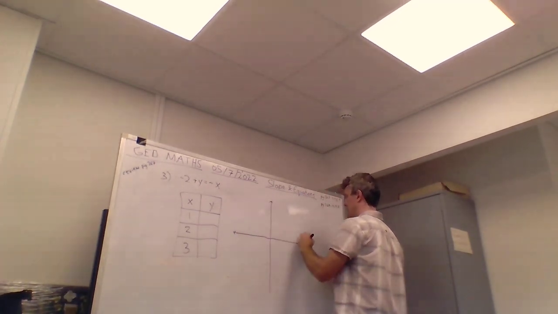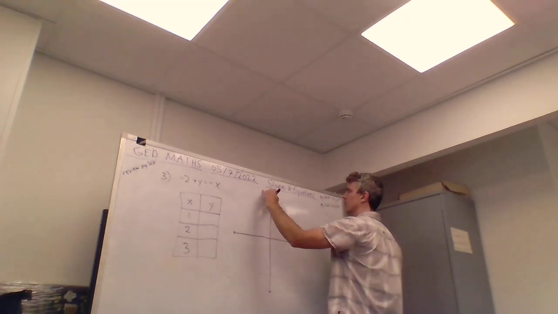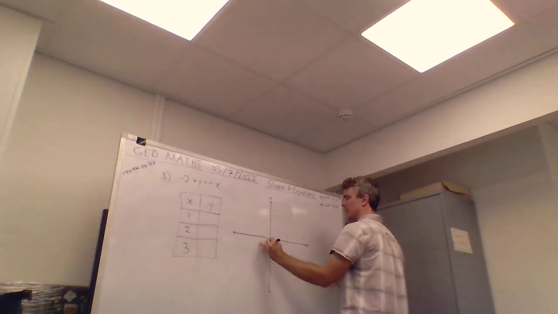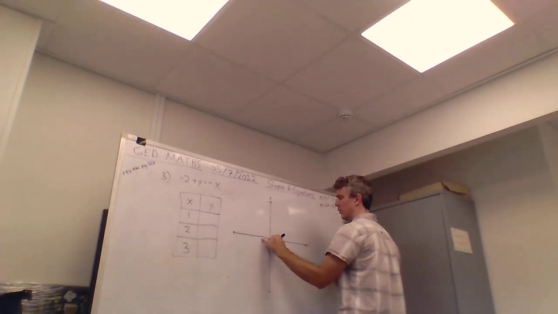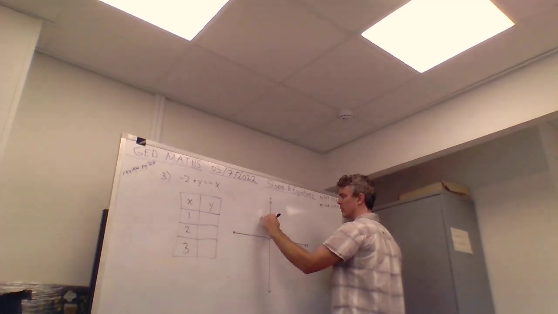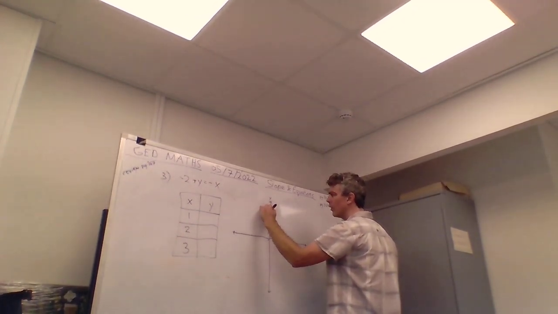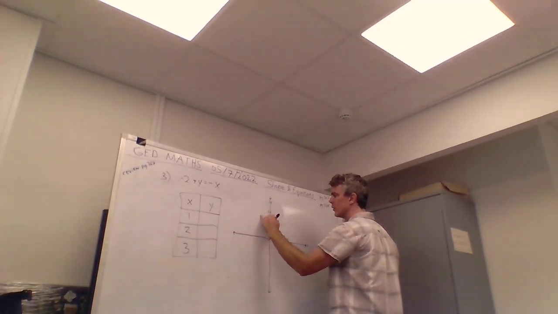Okay, so that's y and x. Here's y, here's x. 0, 1, 2, 3, 4, 5. 1, 2. And maybe the markers for you to see it.